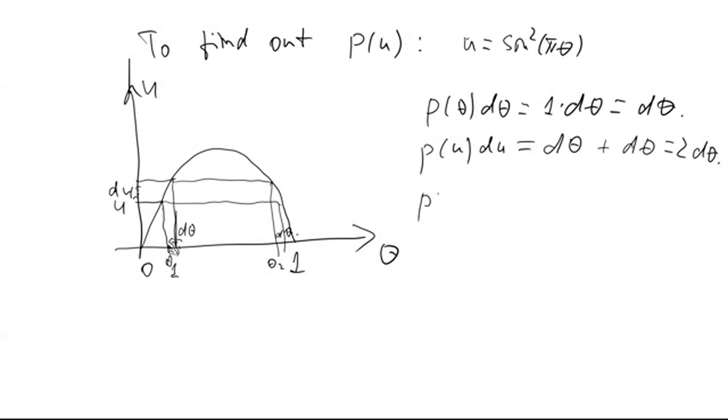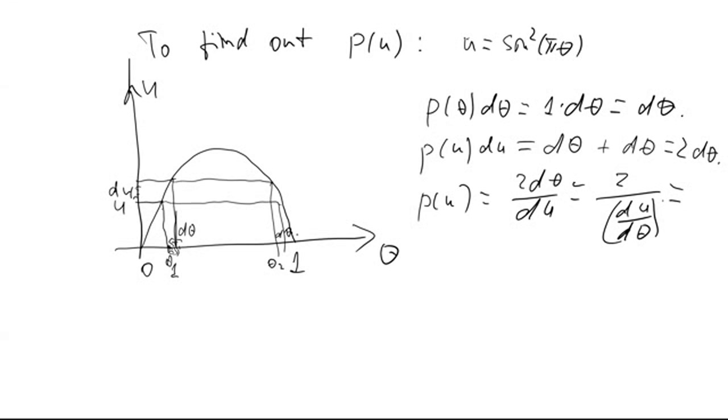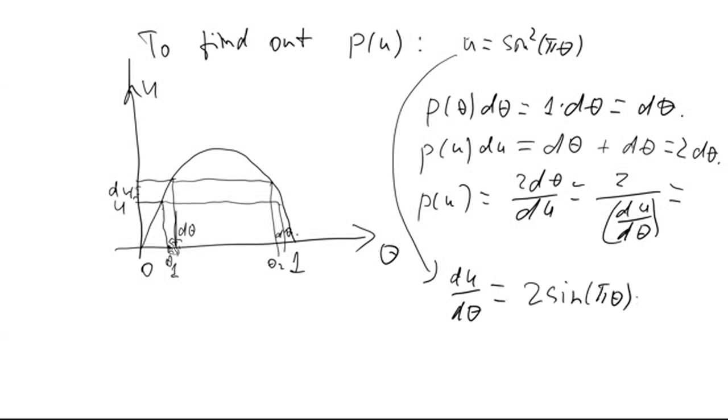Therefore, P of U is 2 times d theta over du. We can put it as 2 times the inverse of du over d theta, and du over d theta we can find from here: du over d theta is 2 sine pi theta times cosine pi theta times pi.